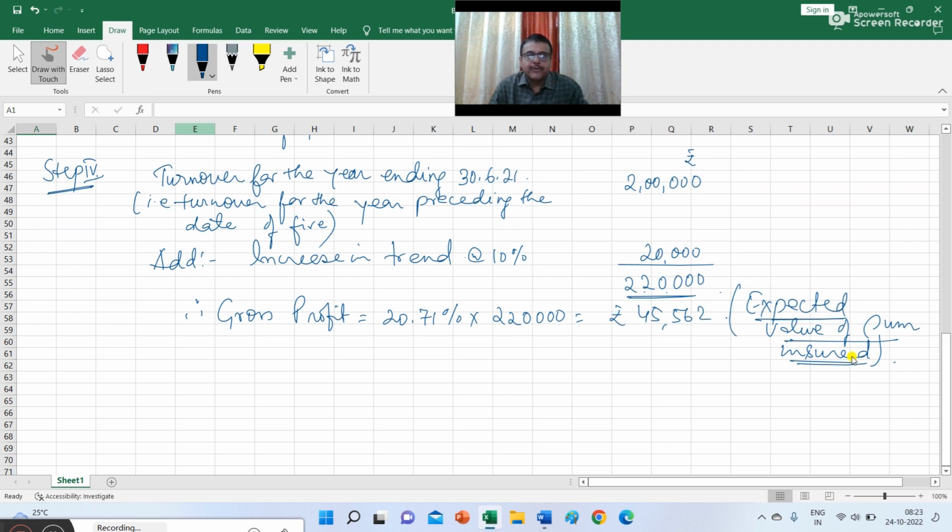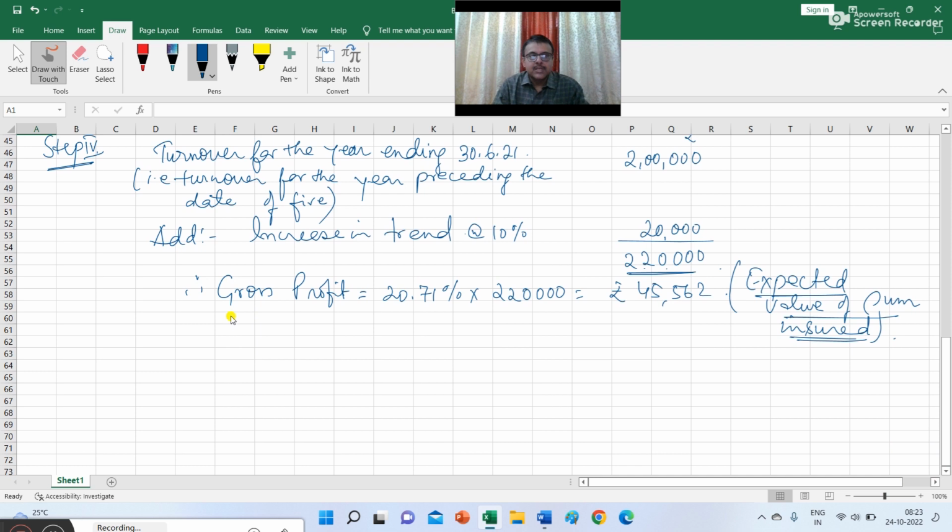And the gross profit on 2,20,000 turnover is 45,562, which is the expected value of sum insured. You can write it here also: expected value of sum insured.